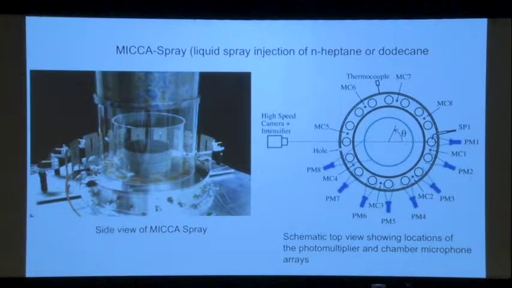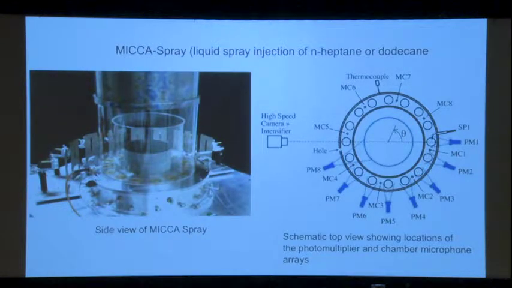To have a good spray, you need hollow cone pressure atomizers which produce a hollow cone, and there is only one company in France which is capable of producing these very tiny little injectors, but they produced it for us. It's not cheap, but that's it.